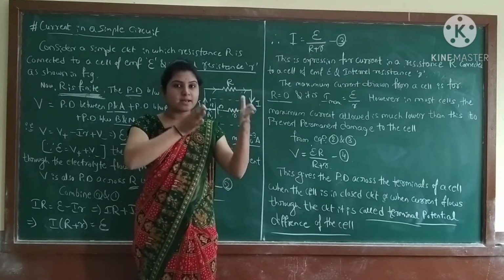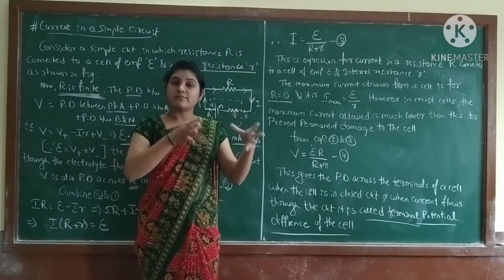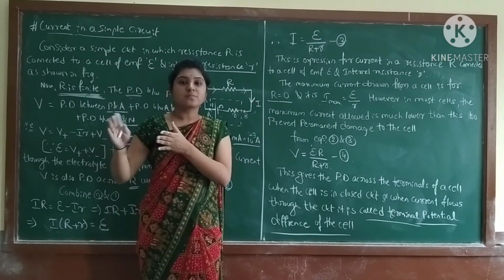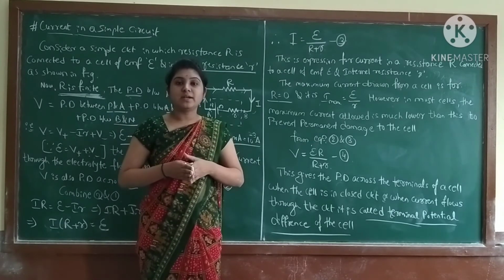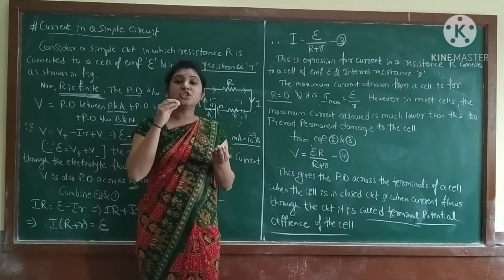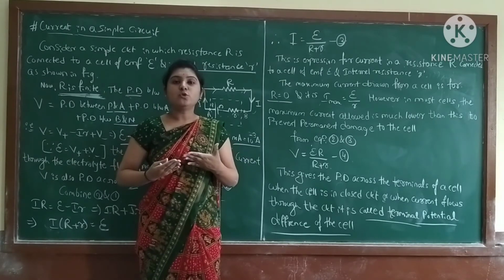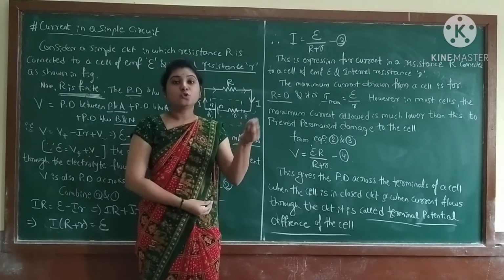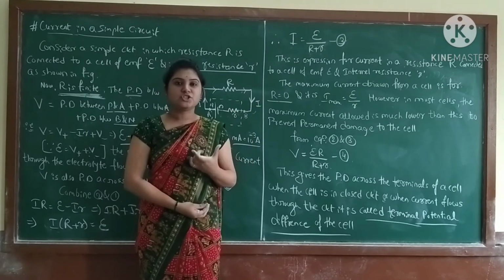You can take one more example. See, in your home a refrigerator is there and one bulb is there. For the refrigerator the current will be different, and for the bulb the current will be different. Yes or no? Why will the current be different? Because the refrigerator needs more current than the bulb. What if I supply the same amount of current to the bulb that I am supplying to the refrigerator?